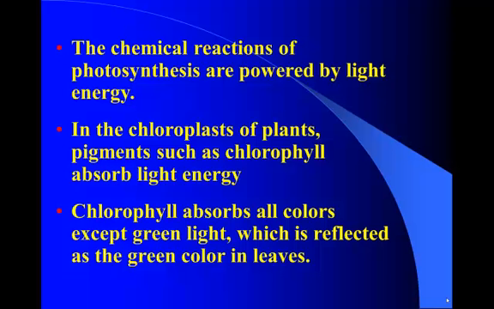So it's because they are not absorbing the green, they are reflecting the green, that we see the green color. A lot of people think it's absorbing a lot of green from the light, and therefore that's why it's green. Nope. It is absorbing all the other colors except green.